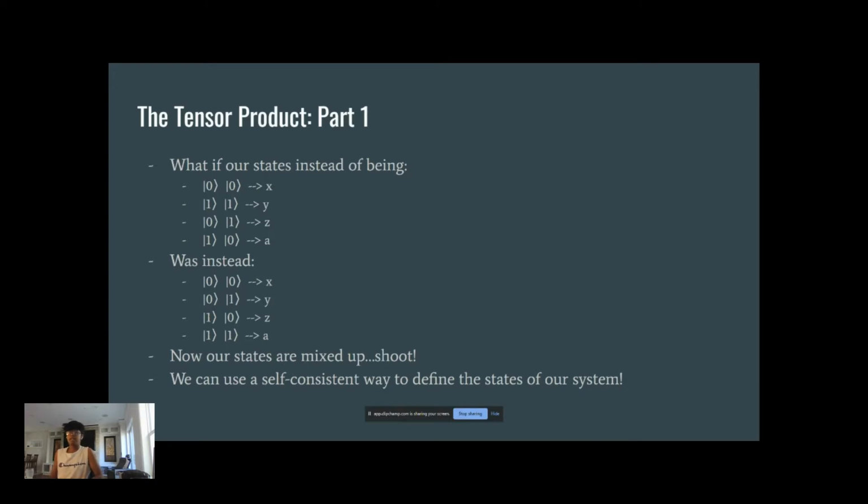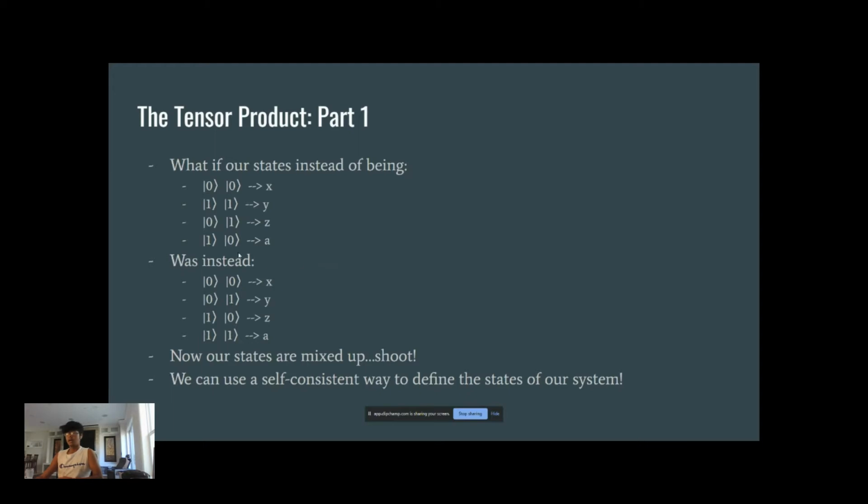But it's more complicated than that, because what if our states were a little mixed up: 00 being x, but now 01 being y instead of 11 being y, 10 being z instead of 01 being z, and 11 being a instead of 10 being a?